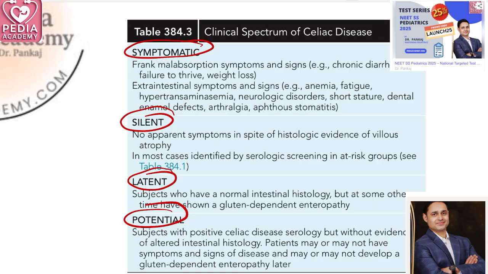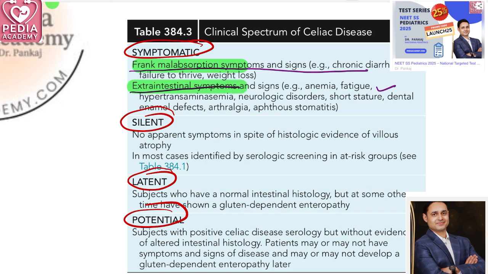In symptomatic, there is frank malabsorption with symptoms and signs, like chronic diarrhea, failure to thrive, and extra-intestinal symptoms like anemia, fatigue, raised SGPT, neurological disease, short stature, dental enamel defect, arthralgia, aphthous stomatitis. So these are basically the features of malabsorption or extra-intestinal symptoms.